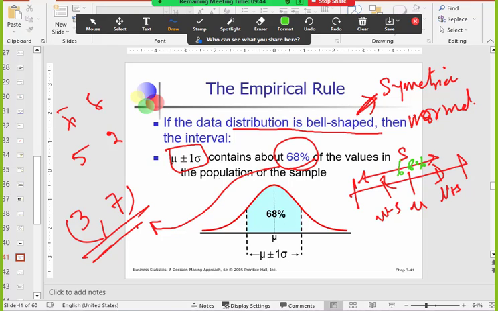So let's suppose you have 100 observations. If you calculate this range, 68% of the data will be in between. Okay, so let's give you one example.